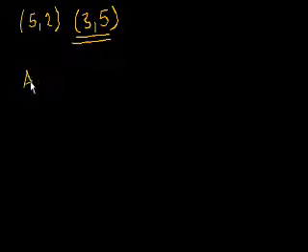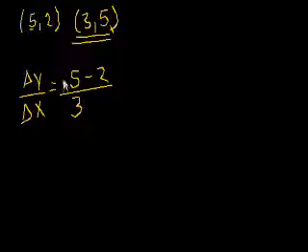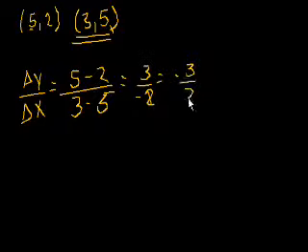So change in y over change in x, or rise over run. Well, change in y would be this 5 minus this 2, over this 3 minus this 5. And that gets us 3, over minus 2, equals minus 3 halves.